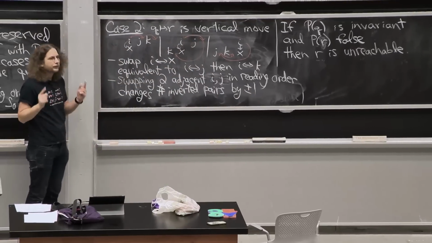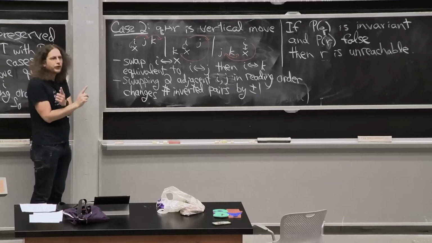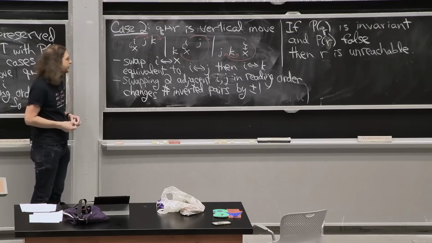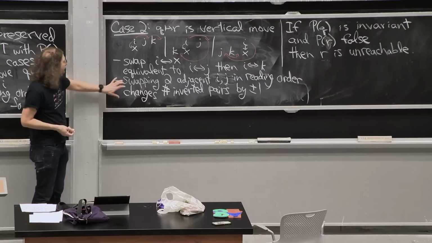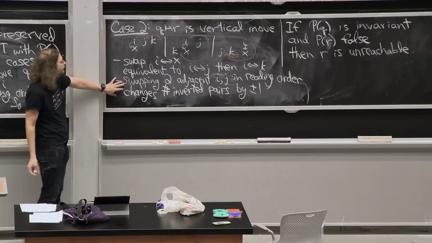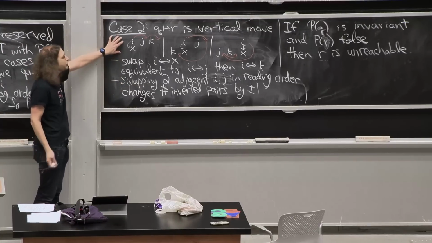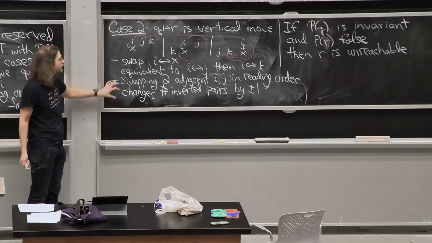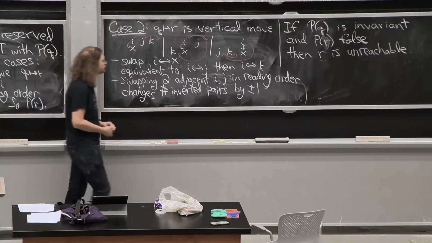If they were inverted before, it decreases the number. If they weren't inverted before, it increases the number, but always by 1. Never stays the same, never changes by 7. Okay? So when we swap two adjacent pairs, we change by plus or minus 1. When we do a vertical move, we want to do two of these adjacent swaps.